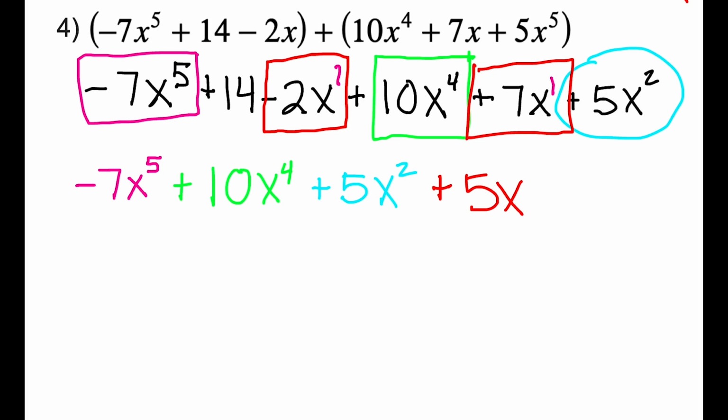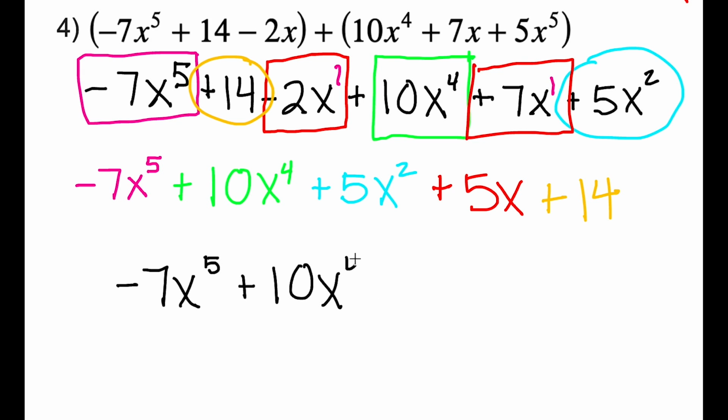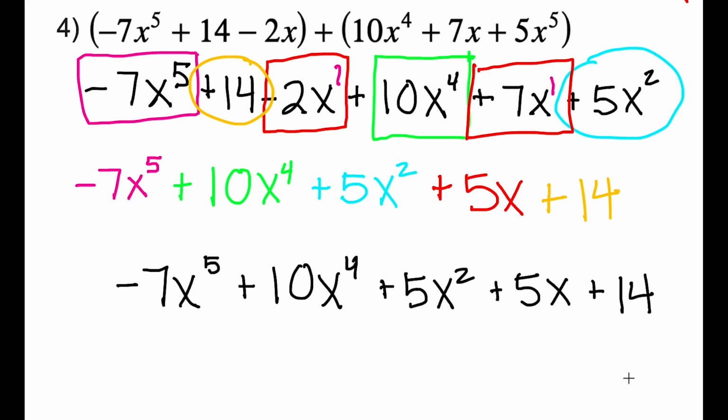Finally, we have a constant of 14. No other like terms there, so that is simply added on the end. Rewriting in standard form, our final answer: negative 7x to the fifth plus 10x to the fourth plus 5x squared plus 5x plus 14.